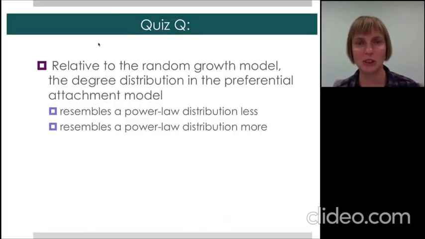So going back, we have our next quiz question, which is: relative to the random growth model, does the degree distribution in the preferential attachment model resemble the power law distribution less or more? Hopefully you got that it actually is more power law than the random growth model, which tends to have an exponential cutoff.